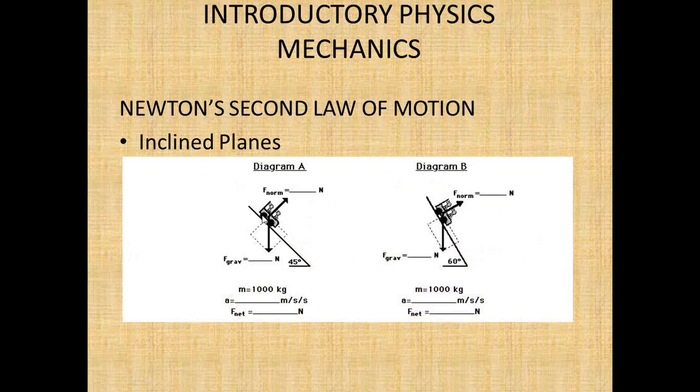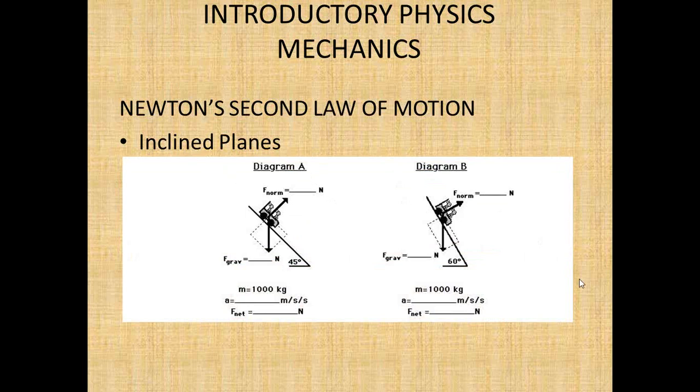Remember, this normal force is perpendicular to the surface. It's not going to affect this object moving down the incline. The force that's going to pull the object down the incline is the parallel component of gravity. So anyway, let's calculate the normal force.